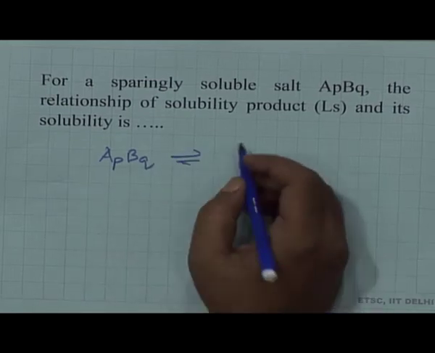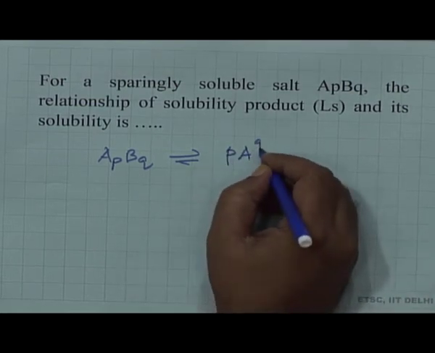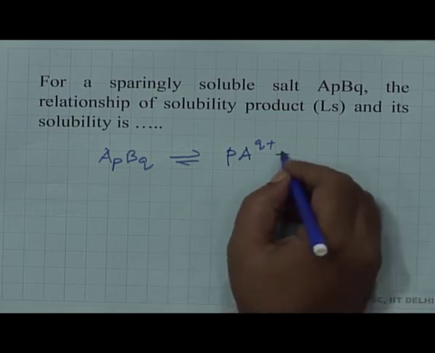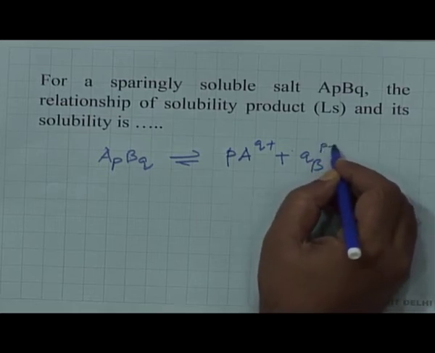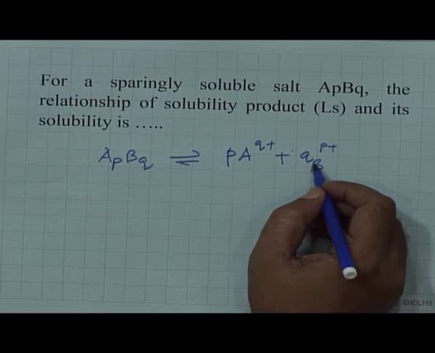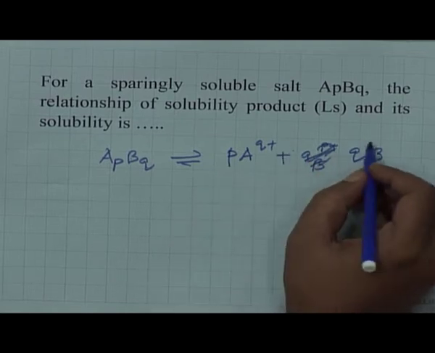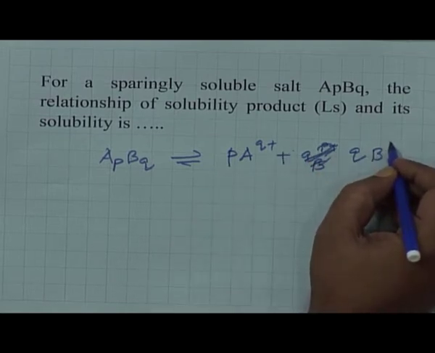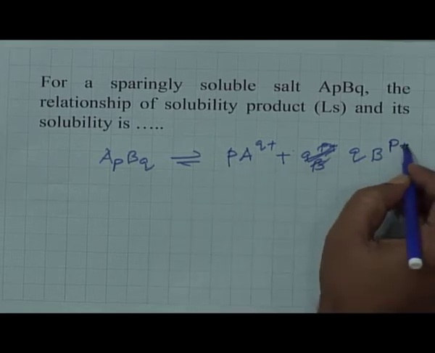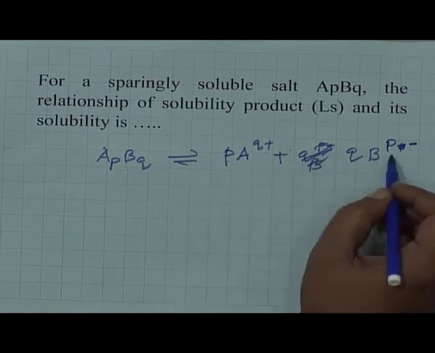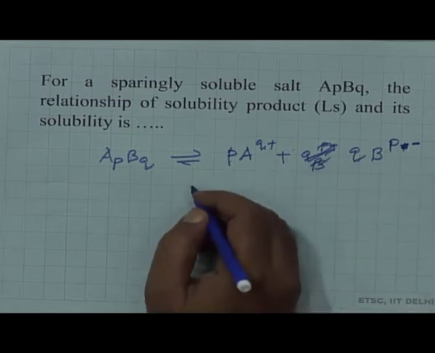ApBq, if this dissociates, gives P mole of A with charge Q+ and Q mole of B with charge P-. Now, you see the total charge is PQ and this is PQ, so this is +PQ, this is -PQ, this will be 0.